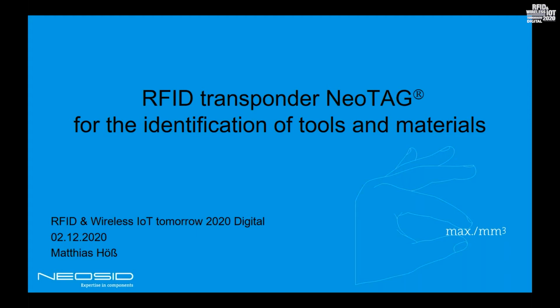We started with ferrite components decades ago and expanded our field of products to electronic components, and one of that was RFID transponders and RFID antennas, and we tried to minimize the size that is necessary to bring RFID transponders to very small tools and materials.